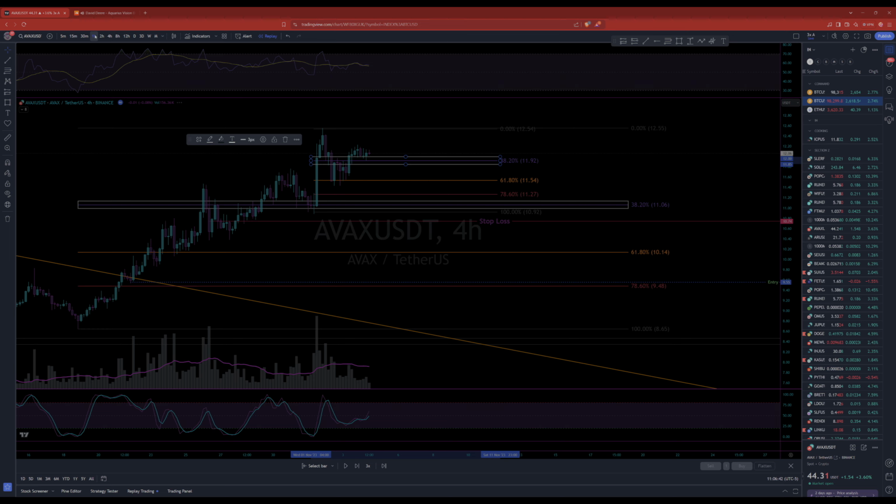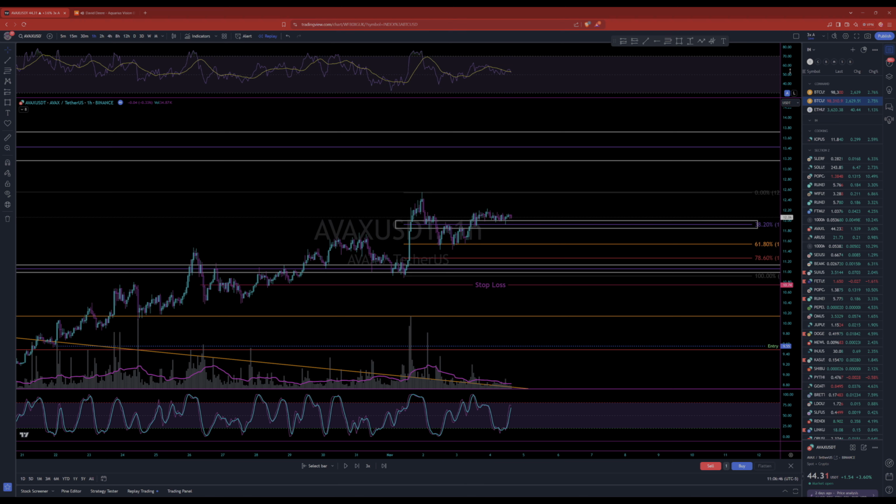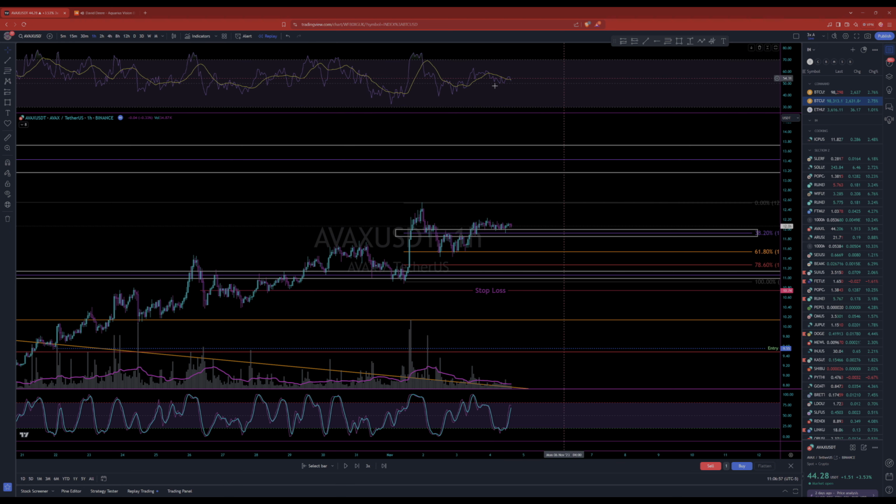But let's look under the hood. Let's zoom in a bit and try to understand what's going on. Volume's tapering down, though. That's not good. Same with strength, but there's no divergence yet.